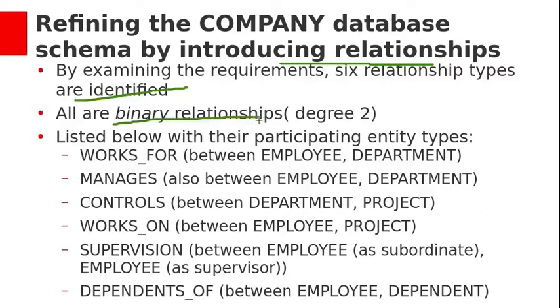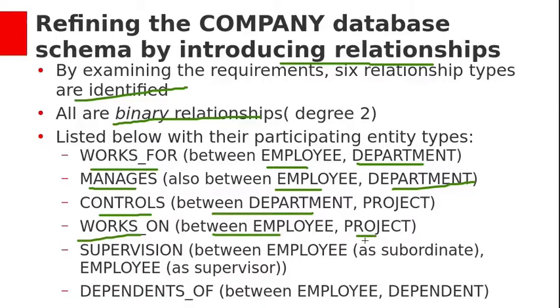All are binary relationships. One is works for, between employee and department. Another one is manages, between employee and department again. And controls, which is between department and project. And works on, which is between employee and project.